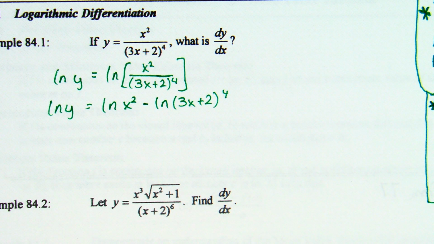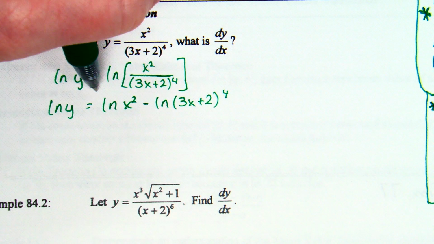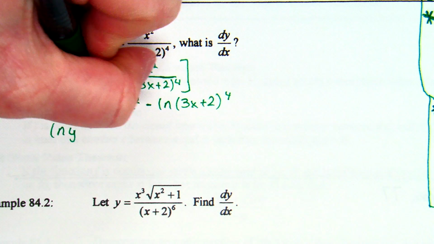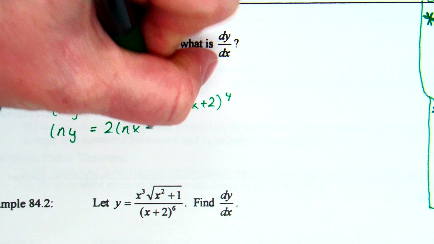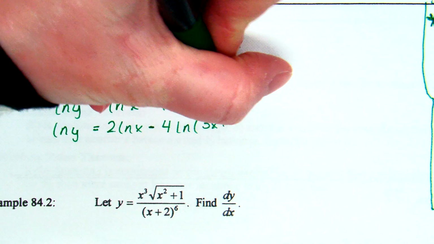Okay, so if you remember vaguely, log rules, there's a power rule, and the power rule allows you to take a power and move it out front as a coefficient. So continuing along, natural log of y equals 2 natural log of x minus 4 natural log of 3x plus 2.